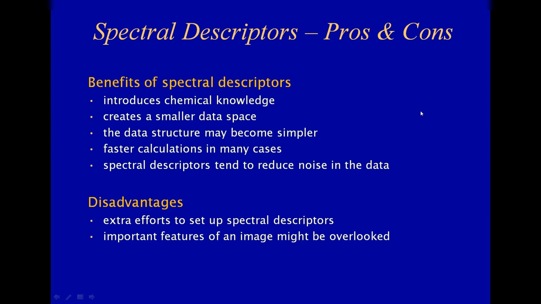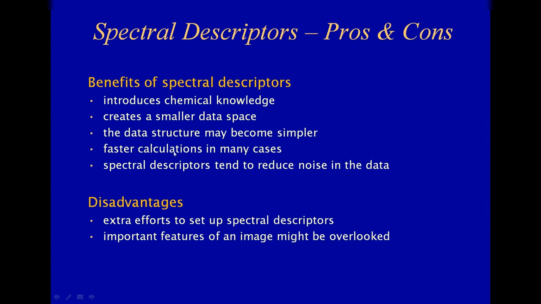Due to the fact that you are using a smaller number of spectral descriptors, the data spaces are much smaller, and the data structure may become simpler, and in many cases, so at least in 90% of the cases, they're actually becoming simpler. This reduces the required time to perform the calculations, and, which is quite important, spectral descriptors are reducing noise in the data in many cases.